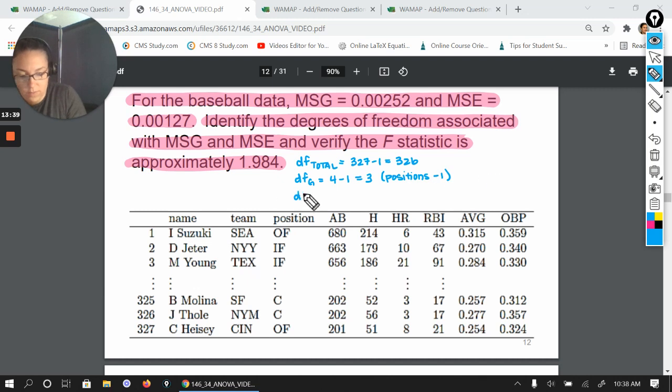The degrees of freedom for the error will be the sample size, 327, minus the number of groups, which is 4, so that equals 323. And you'll notice that the degrees of freedom for the groups and the degrees of freedom for the error add up to 326, which is the total.